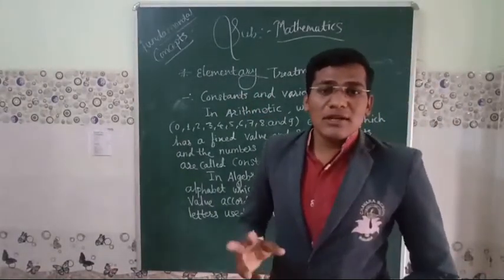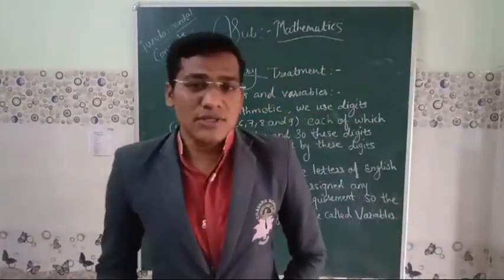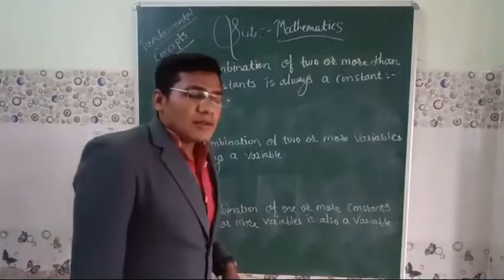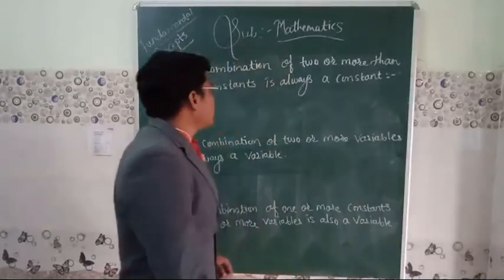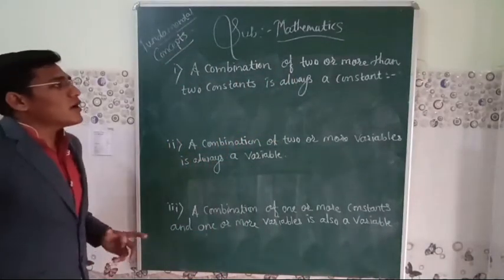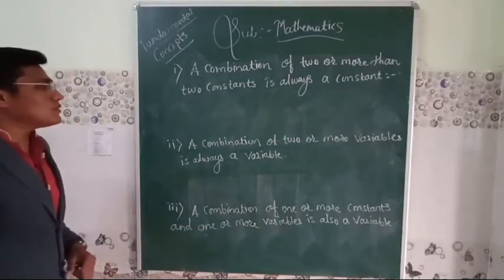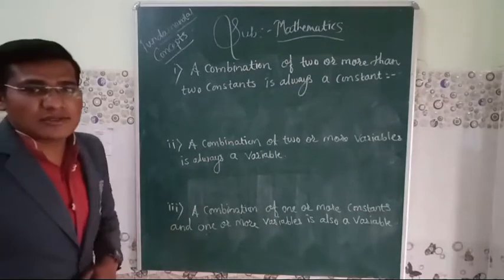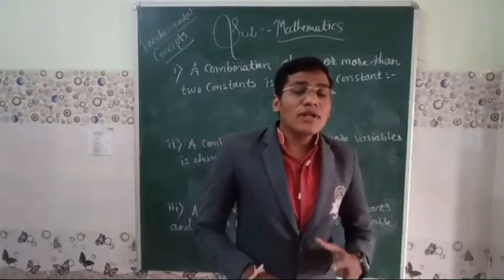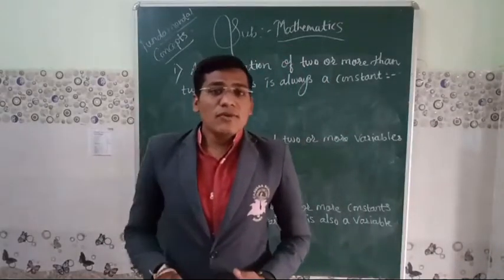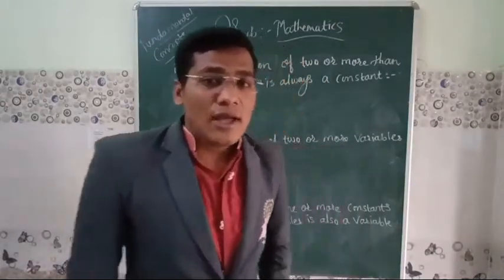When two constants are combining, there is a formation of a constant. Now we will see some basic topics of this lesson. The first one is: a combination of two or more constants is always a constant. Means whenever we combine two or more constants, the answer we get will always be a constant only.